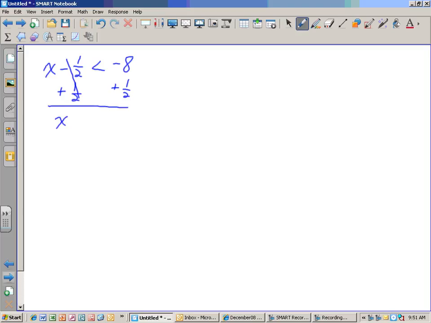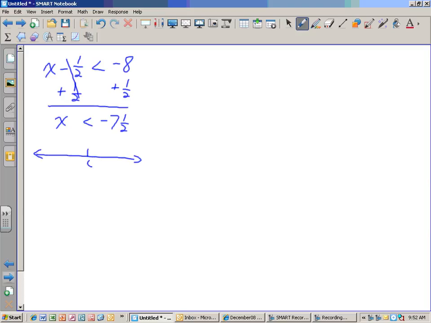Now sometimes they list this variable as being an m or an n. It's no big deal. It's solved the same way. The less than sign stays. Now what's -8 plus 1/2? -7.5. Let's write it this way. We draw our number line.